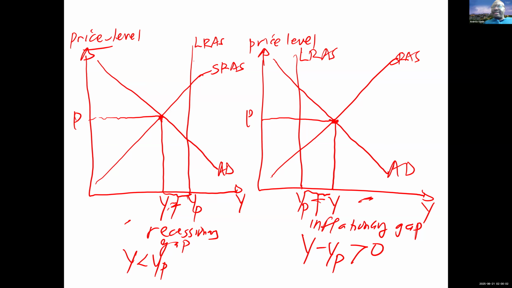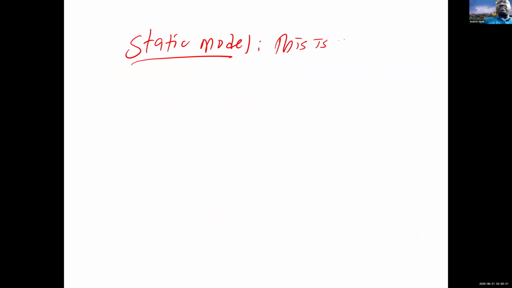So the first thing that we're going to talk about, we're going to start with a static model. Then I'm going to show you a little bit of what they call a real business cycle model, or a dynamic model. A static model is a model where we hold the long run aggregate supply curve constant.